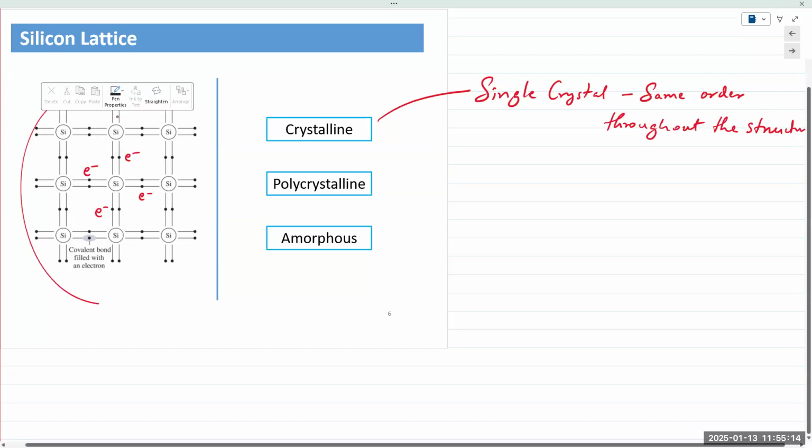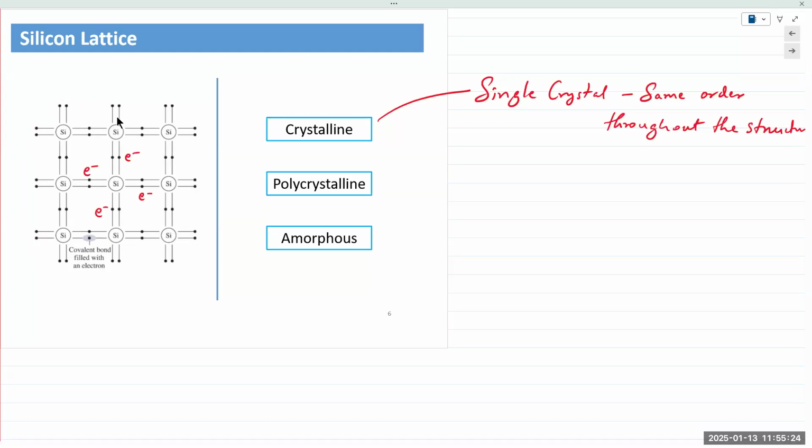You know the properties of these atoms, so you know the properties of that piece of material. If it's the exact same structure throughout the entire material, doesn't matter how big or small it is, we can easily predict how that material is going to behave, because if it behaves in an X manner in one spot, it's going to behave in the exact same manner in a different spot.